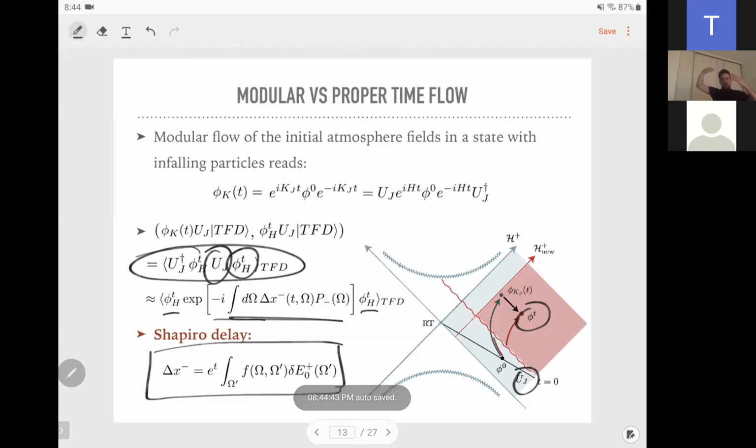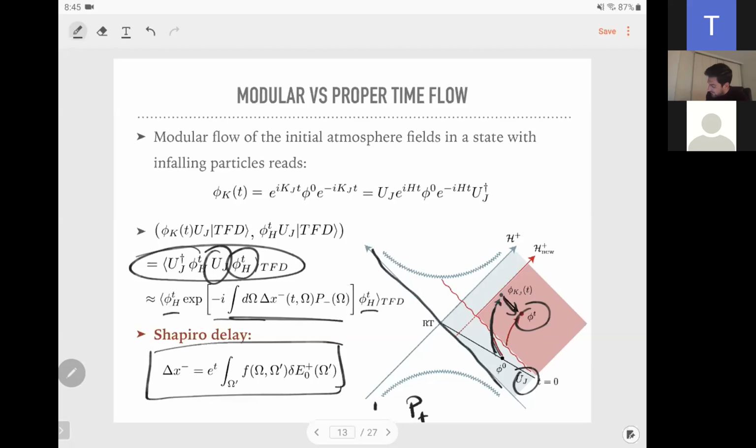So in order to reconstruct the proper time flow, modular flow alone is not sufficient because it will move me in this direction. I have to correct it by including this null shift. This is what this calculation here instructs me to do. In this particular case, this null shift is generated by this average null energy operator along this horizon.